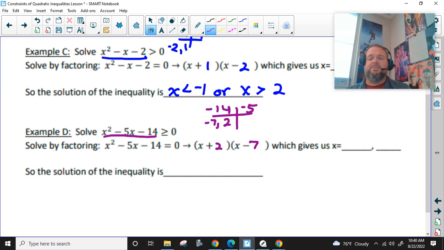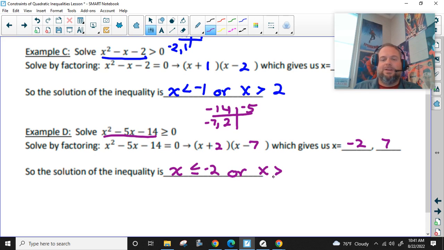The opposite of positive 2 is negative 2. The opposite of negative 7 is positive 7. Now, we're doing it in the same format like we did here, except the only difference is we have to have our signs in the correct way. So x is less than or equal to negative 2, or x is greater or equal to 7.